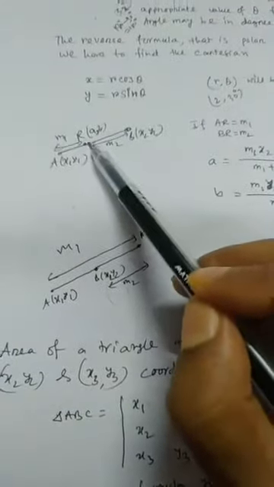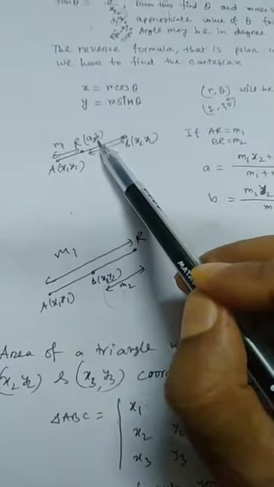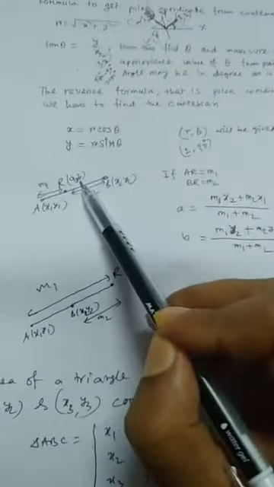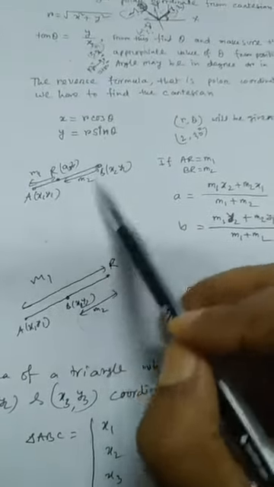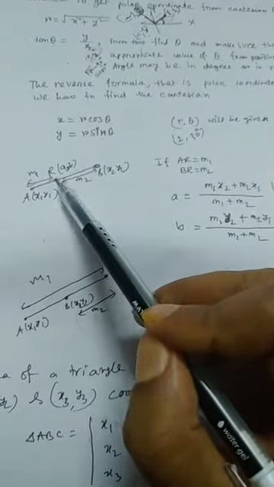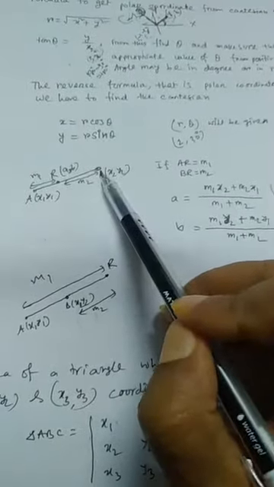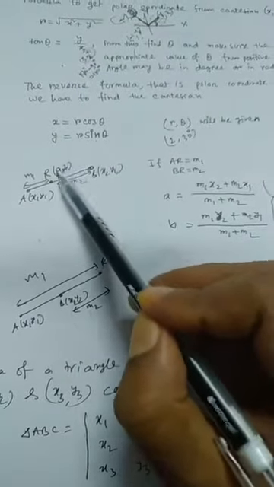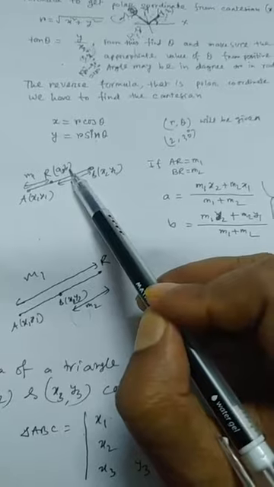There is a point here in between A and B, and the point is R, whose coordinate we want to find. This point is dividing AB internally. Internally means this point is lying in between A and B. In that case, what will be the value of the coordinate of R?